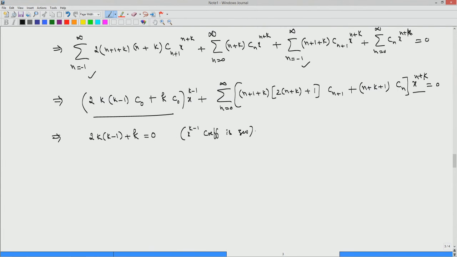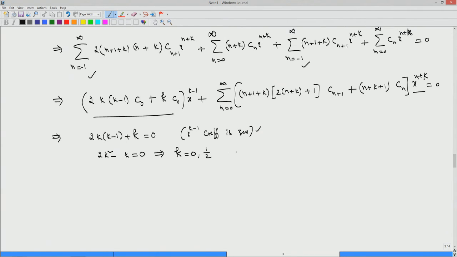So, this gives 2k^2 minus 2k plus k, that is 2k^2 minus k equal to 0. That gives k equal to 0 or 1 by 2.